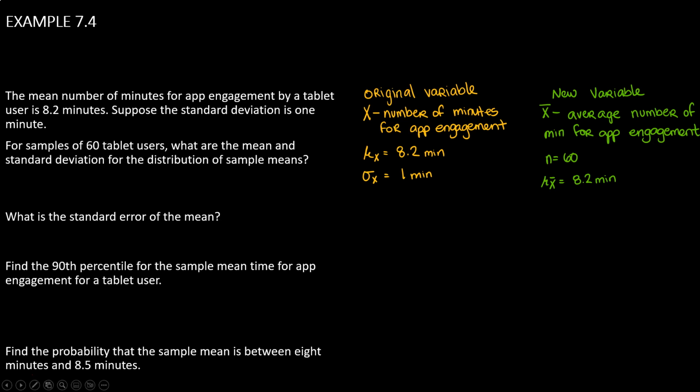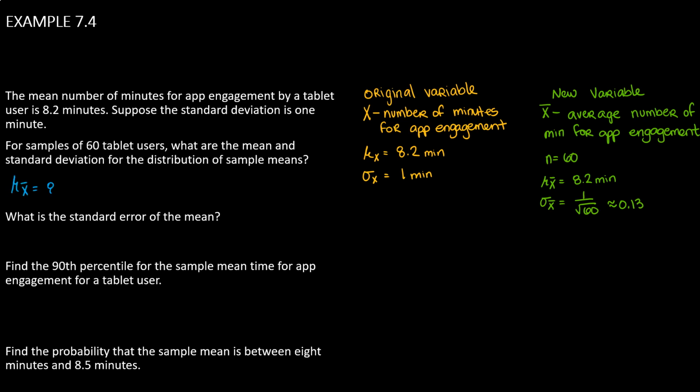So, to find the standard deviation for our new variable, we'll take 1 divided by the square root of 60. 1 because that was the original variable standard deviation, and square root of 60 because that's the square root of our sample size. So the new variable has a standard deviation of about 0.13.